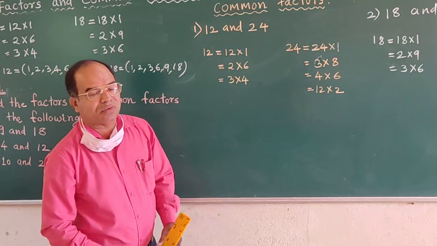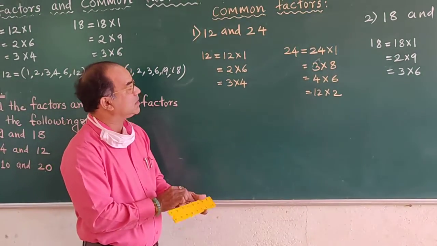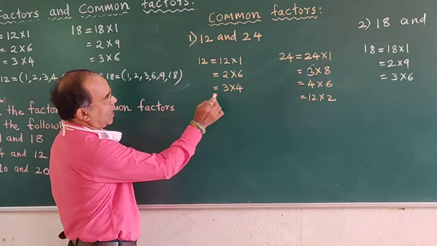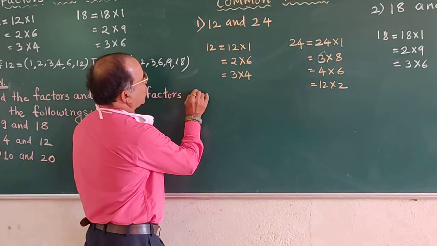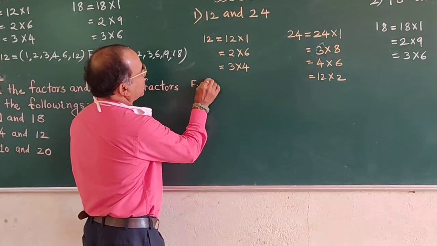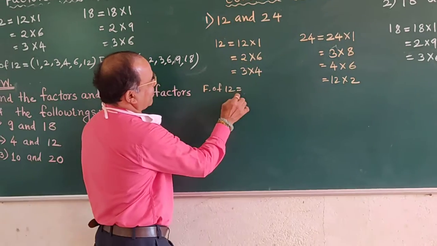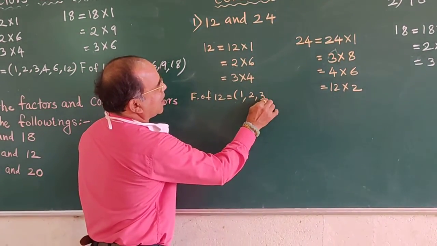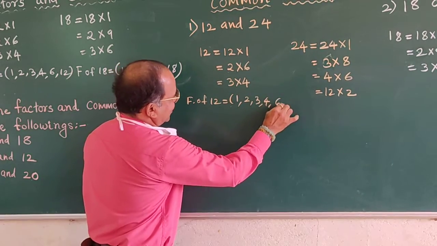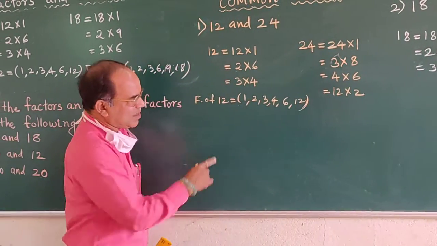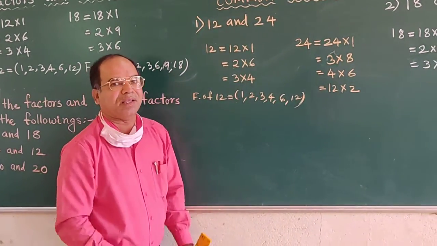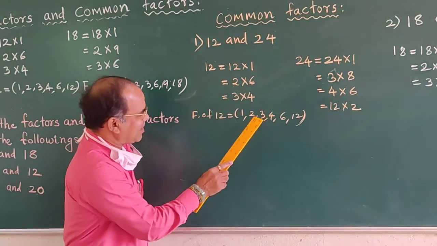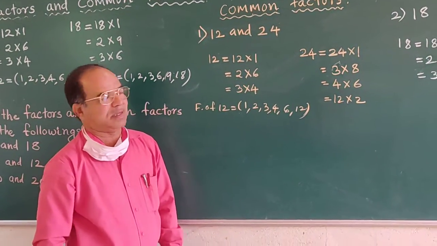Then what you have to do? You have to write the factors of 12 and 24 separately. So factors of 12 is equal to 1, then next is 2, 3, 4, 6 and 12. These are the factors of 12, because 12 is exactly divisible by these numbers.